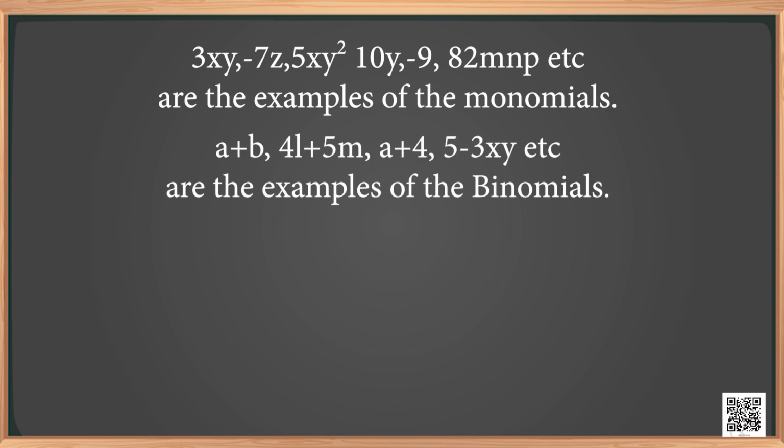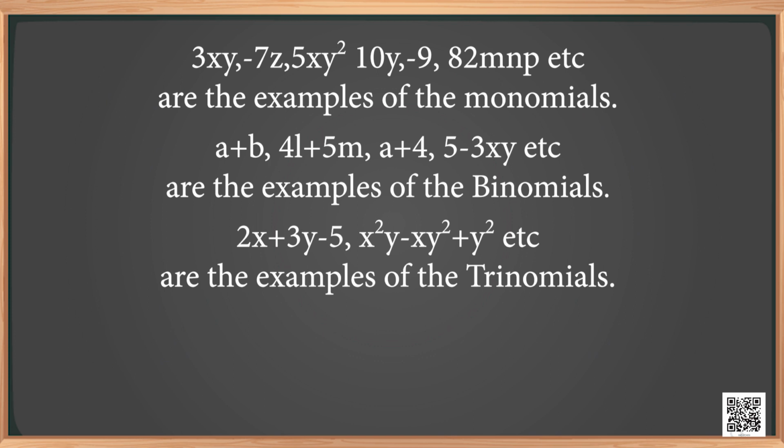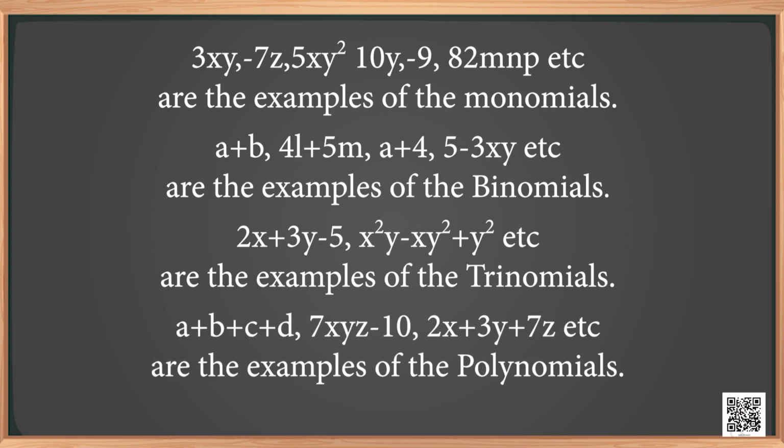A plus b, 4l plus 5m, a plus 4, 5 minus 3xy, etc. are the examples of binomials. 2x plus 3y minus 5, x square y minus xy square plus y square, etc. are the examples of trinomials. A plus b plus c plus d, 7xyz minus 10, 2x plus 3y plus 7z, etc. are the examples of polynomials.